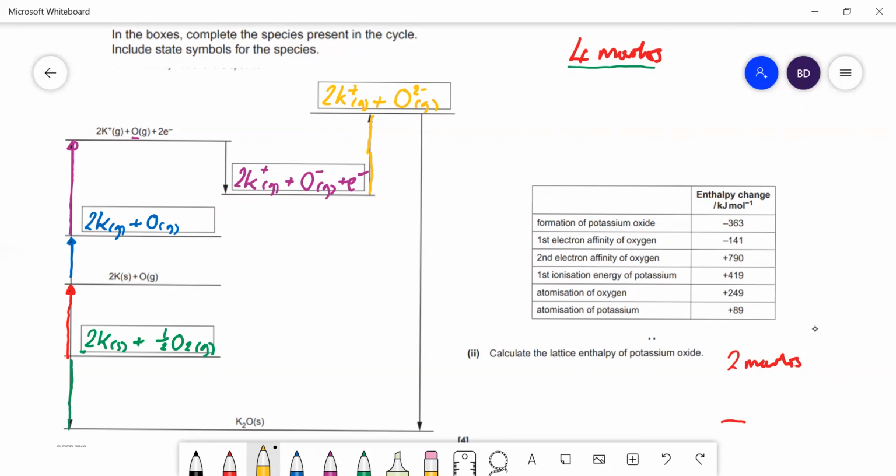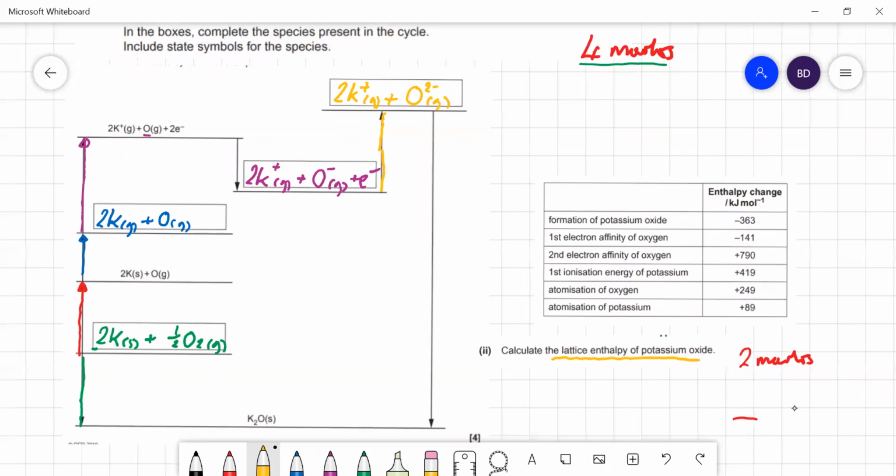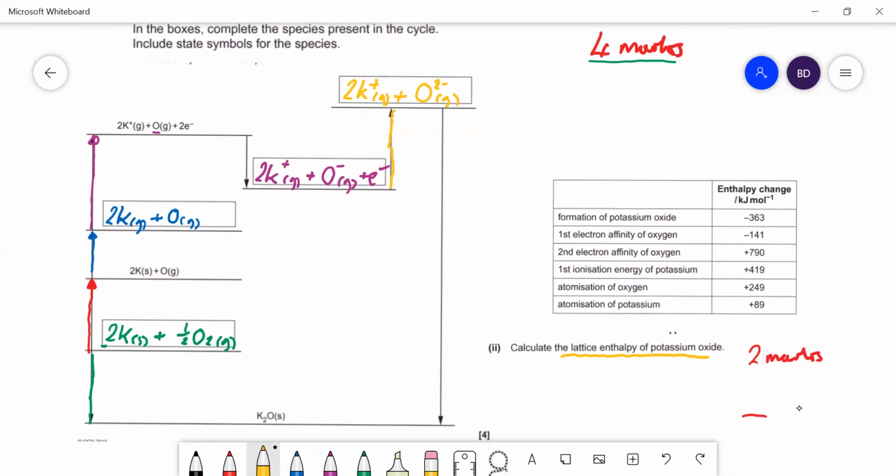Right, now calculate the lattice enthalpy of potassium oxide. So we need to put the numbers in here, so let's do that. Right, what have we got here? I'll do these all in red. Okay, here is the enthalpy of formation, which you look up, it is minus 363.